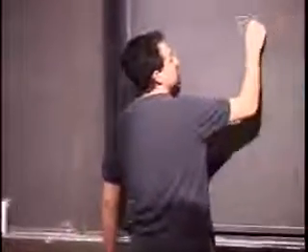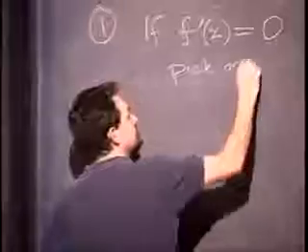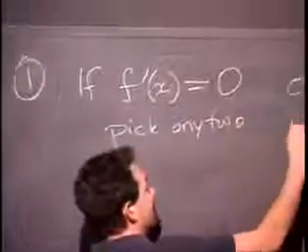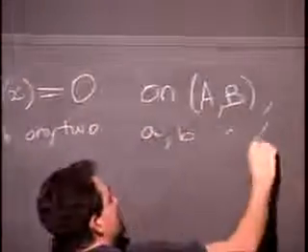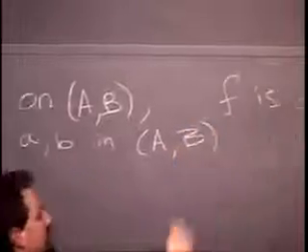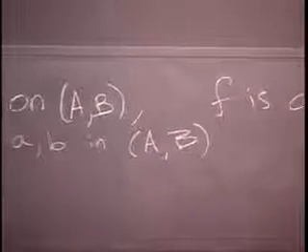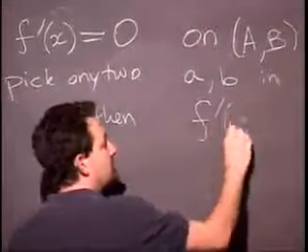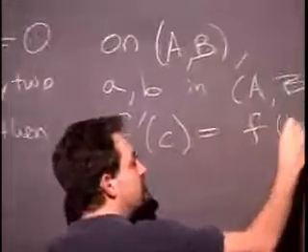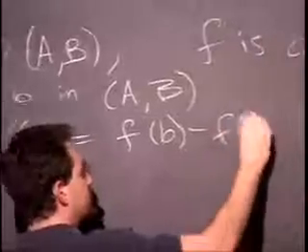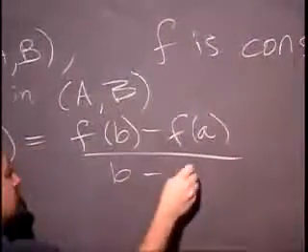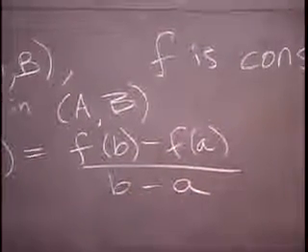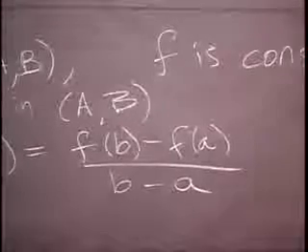Okay, so here's how I do it. I pick any 2 numbers, a and b in a comma b. Then I can use the mean value theorem since everything's differentiable. I just want to make sure that a is not equal to b.